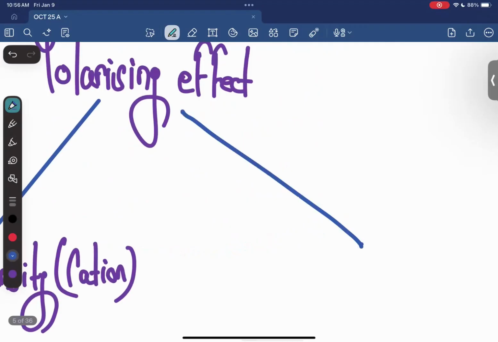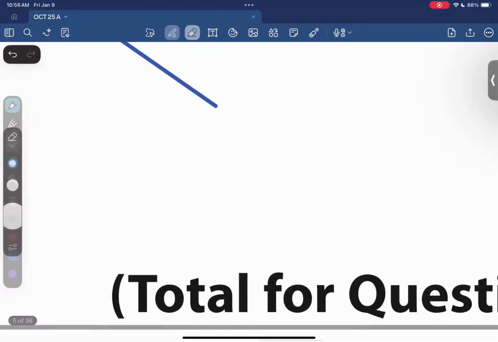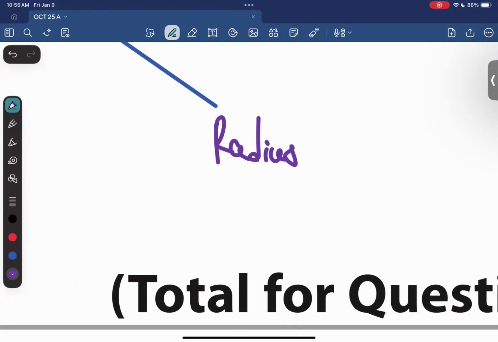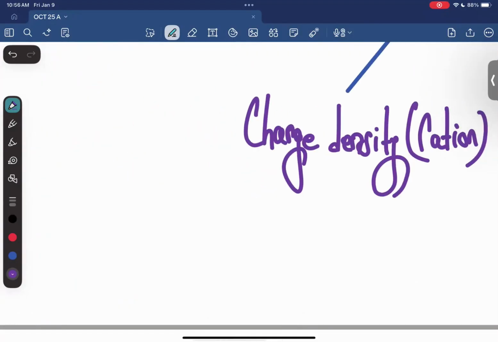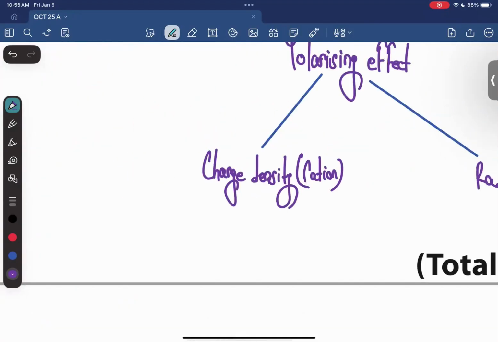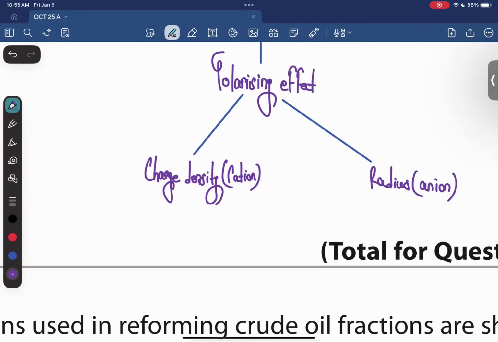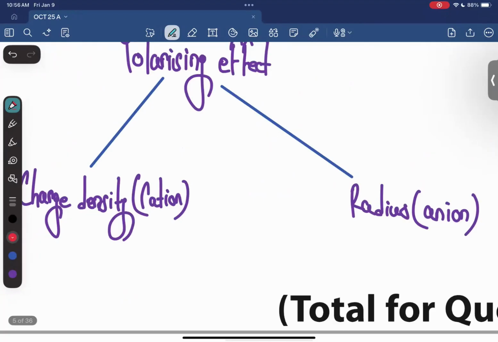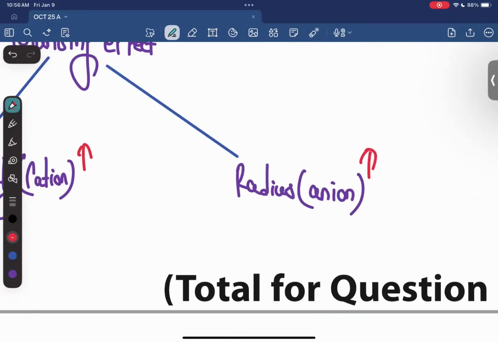Cations that have the greatest charge density have the highest polarizing power as well. And for anions that have the greatest radius, it is easier for the cation to pull that outer electron towards itself.